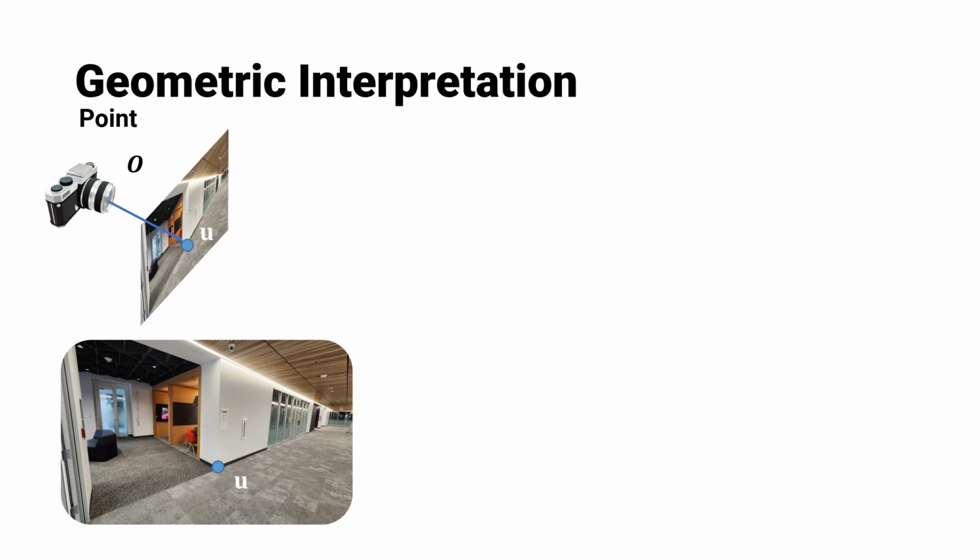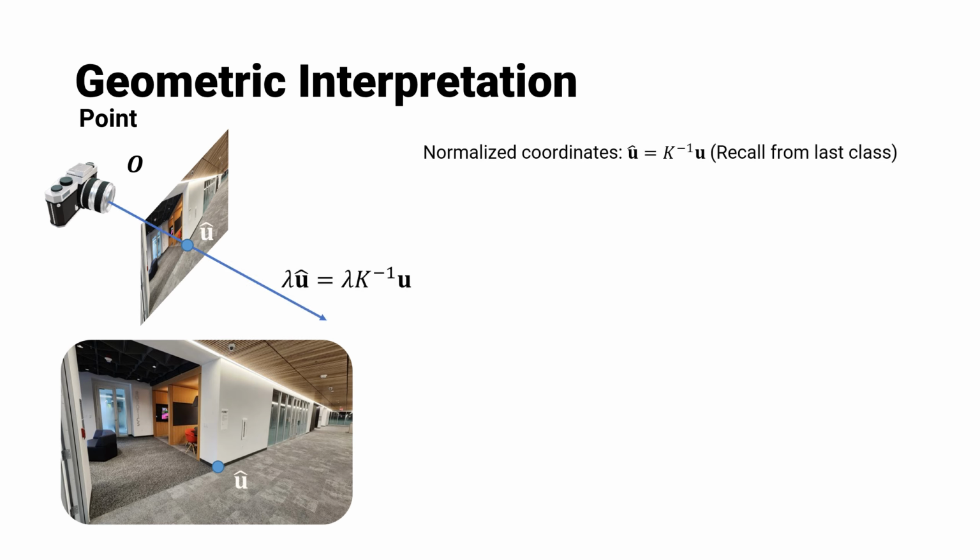Great. Let's start talking about the geometric interpretation right now. So we have the camera, we have any point, and we have the ray which passes through that. And the ray is in normalized coordinate units, which we have seen from the pinhole equation. The normalized coordinate units u hat will be basically the inverse of K multiplied by that line equation u from the last video.